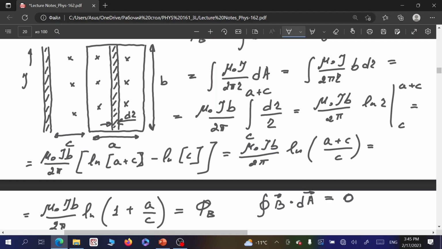So let us summarize our discussion for today. We recalled the formulation of Ampere's law, and based on this law, we determined the magnetic field inside the solenoid.